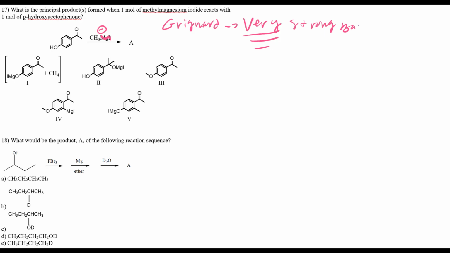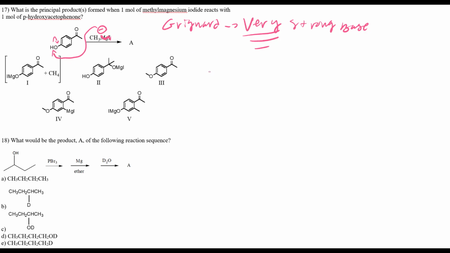Now it's so strong that it wants to rip off some hydrogens, okay? It's so strong as a base that it wants to rip off any available hydrogens that it can get. So this hydrogen bond breaks, releasing a proton, and the methyl group is going to take that hydrogen.